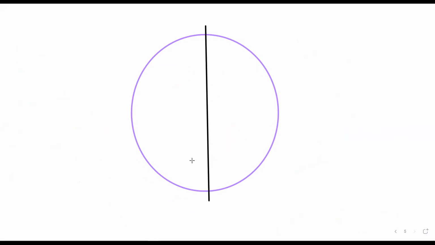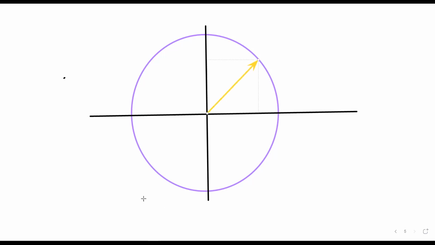What is a unit? A unit is 1. It can be 1 meter, 1 centimeter, 1 kilometer. All that I want is a circle whose radius is 1. Just make this 1 unit.